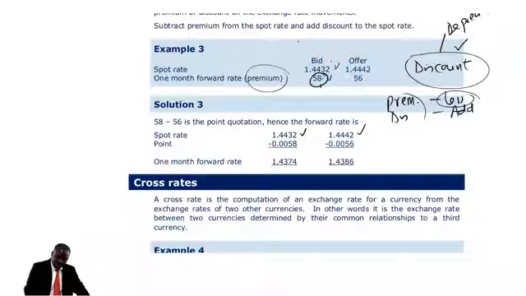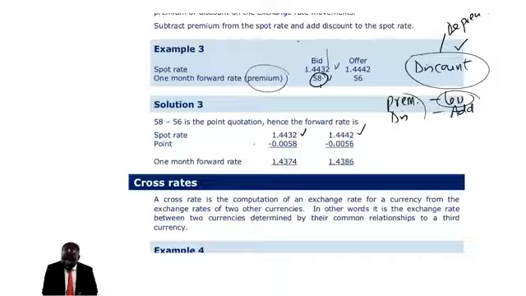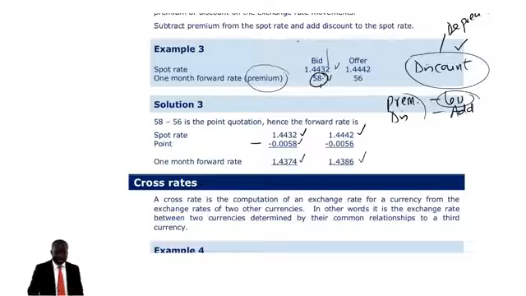So the 8 should also match with the first figure in the spot. So 8, 5. Then if you have exhausted the figures, write zeros onwards. 0, 0.0. Here too is 56. So I will say 6, 5, 0, 0.0. And then because it is at a premium, that is why they are lessening. And if you less this from that, it will give you the 1 month outright.